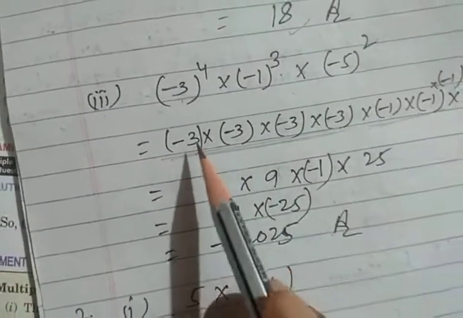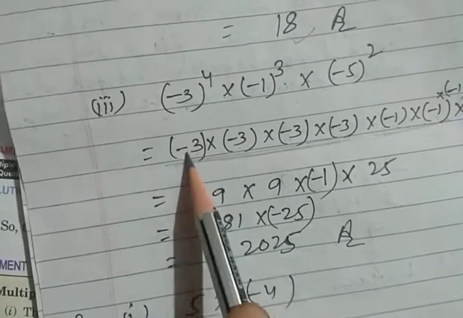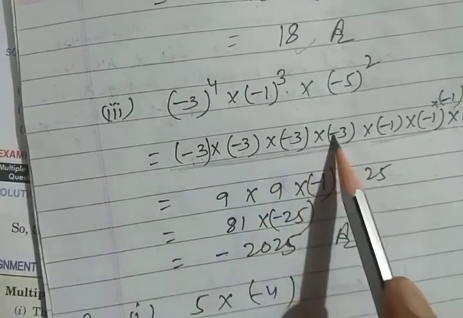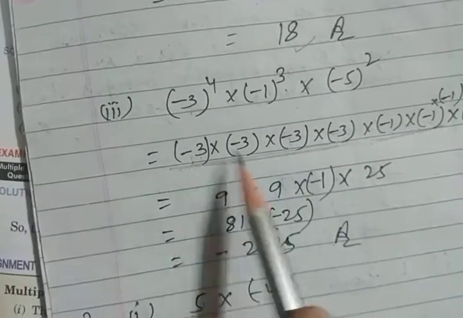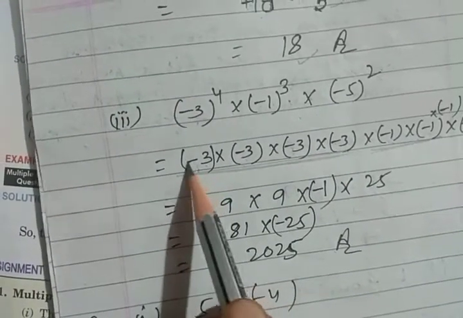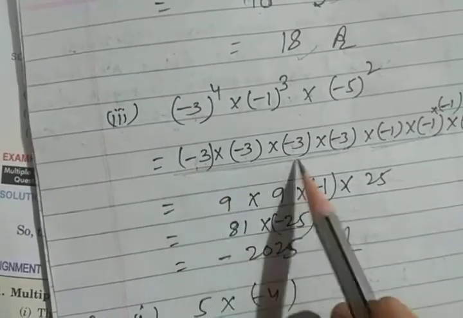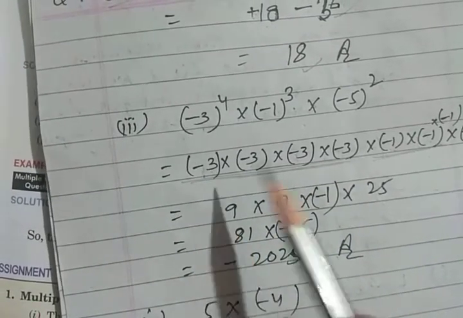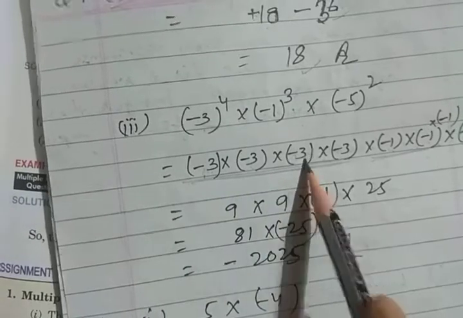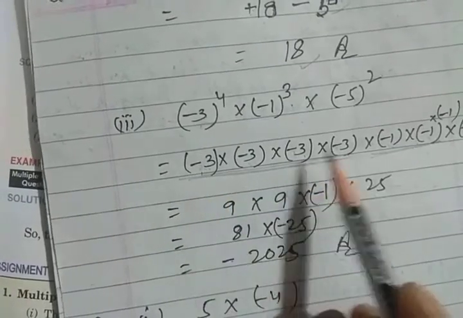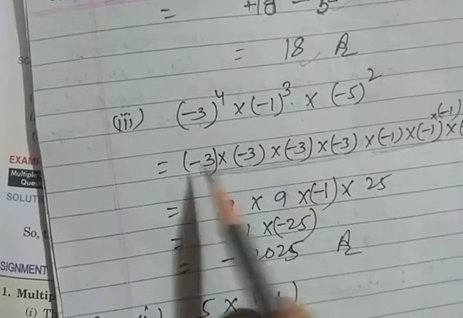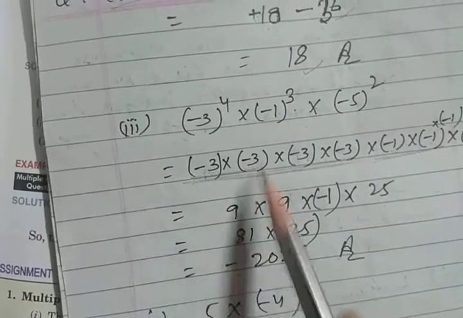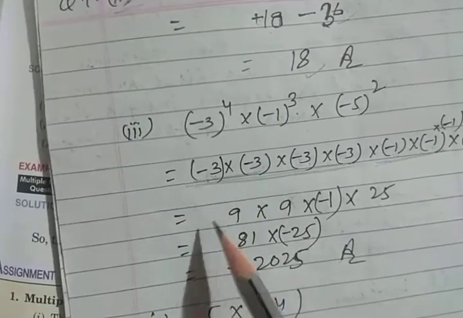So first we need to multiply the signs. Minus minus plus, plus minus minus, minus minus plus. Here the number of negative factors is even, so the answer will be positive. First we multiply two negative numbers: 3 threes are 9 and minus minus plus.